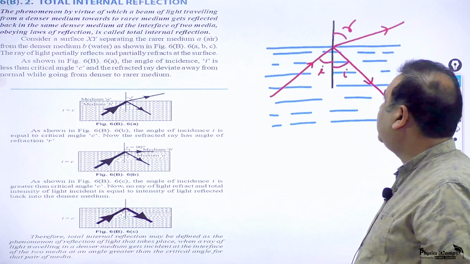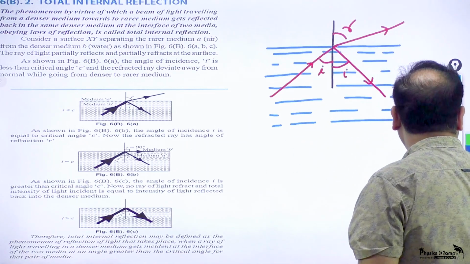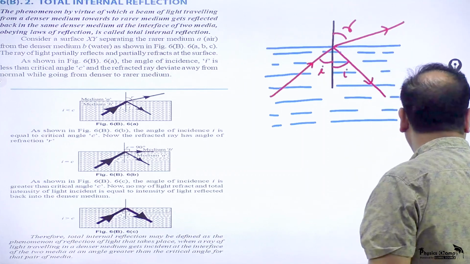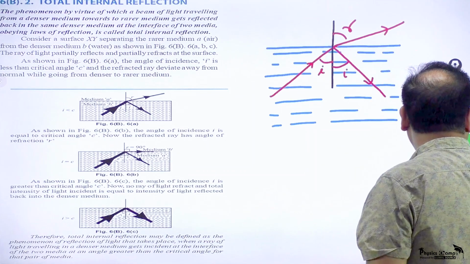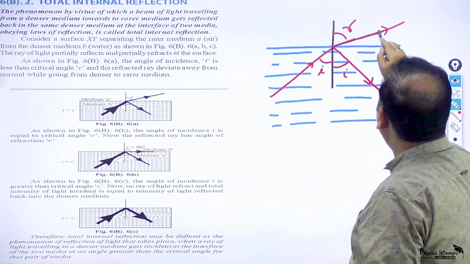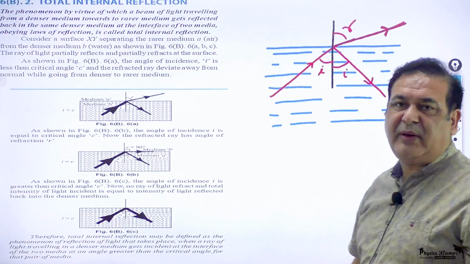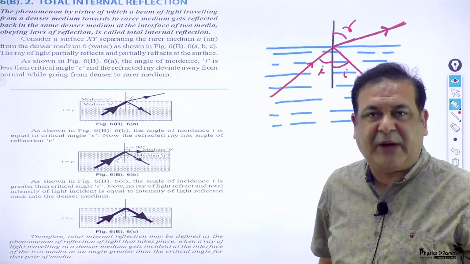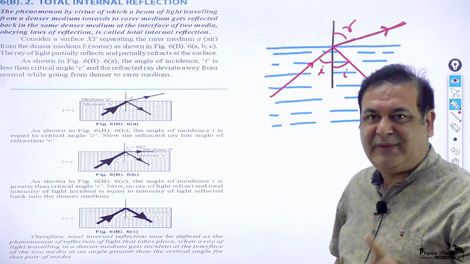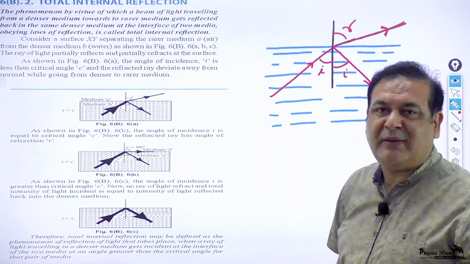And the part which will refract is going somewhere here. I am showing it with a different color. It does not mean that its color will change. I am just showing that it's a different part which was refracted. So remember, color never changes. That's why even if I wanted to show it differently, I am using the red color only.